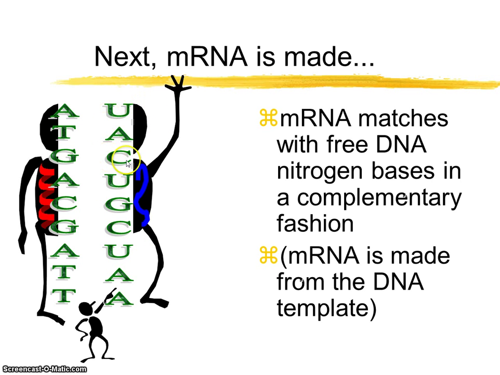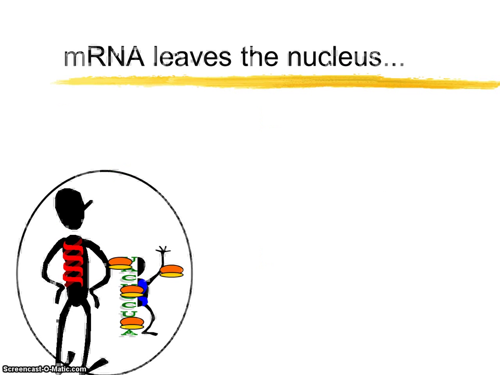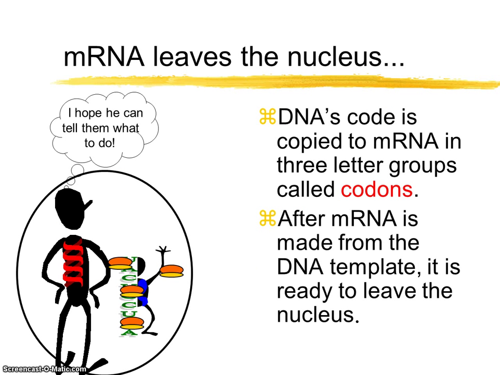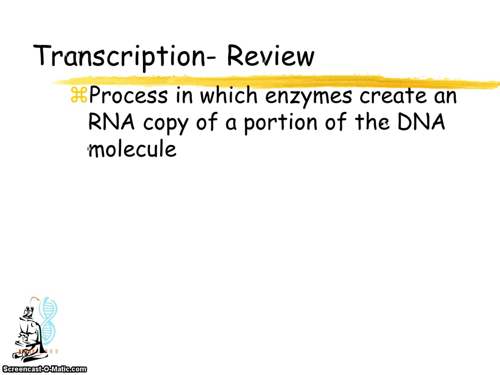So this 3-letter group is a codon, this 3-letter group is a codon, and so forth for the messenger RNA. So UAC is a particular codon, GCU, UGC, and then UAA. Those are all particular codons that are going to be held within the RNA. Now it's ready to leave the nucleus to carry that coded, transcribed information to the ribosome.